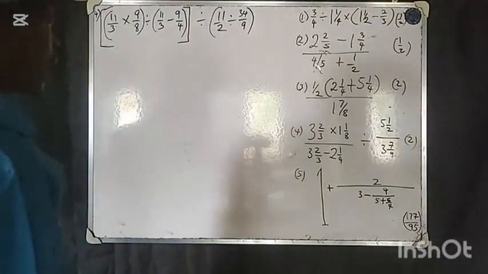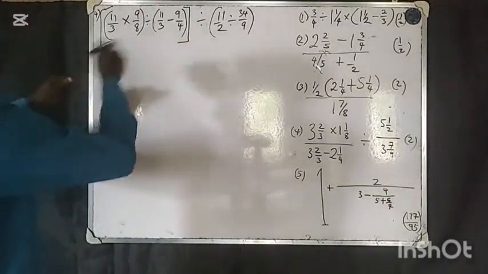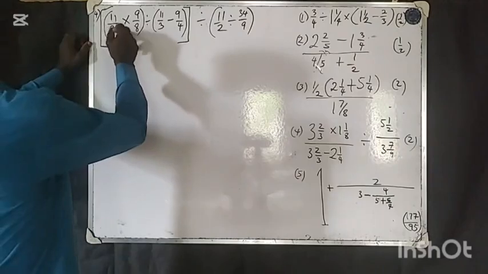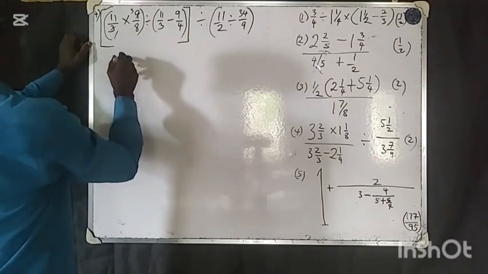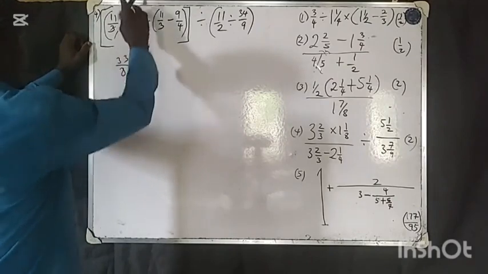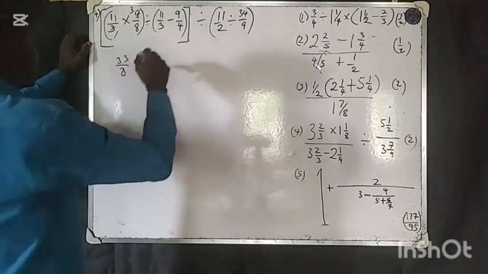So we are on course, I believe. Solve this one inside the bracket first. 3 here is 1, 3 here is 3. So we are left with 33 over 8, divided by this.